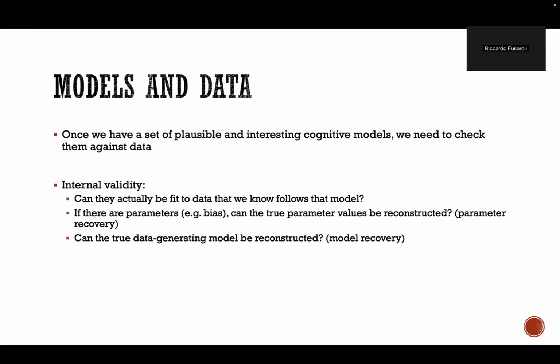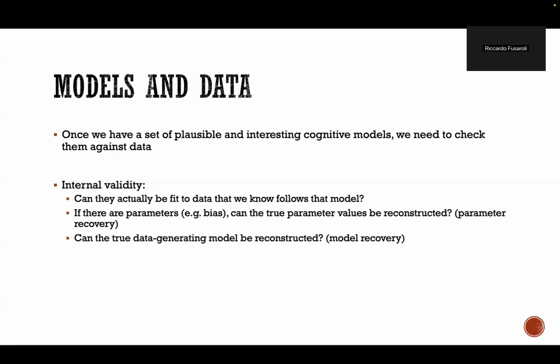So first, we want to look at internal validity. That is, we want to know whether they can be actually fit to data that we know follow that model. If there are parameters, let's say bias, rate, theta, can the true parameter values be reconstructed, right? So if we fit the model to the data, do we actually get the actual value that we put in?